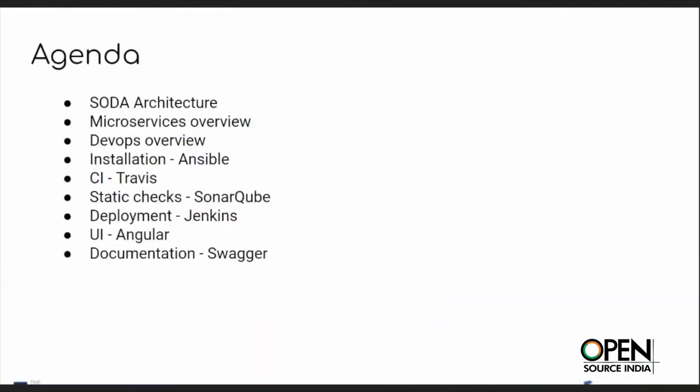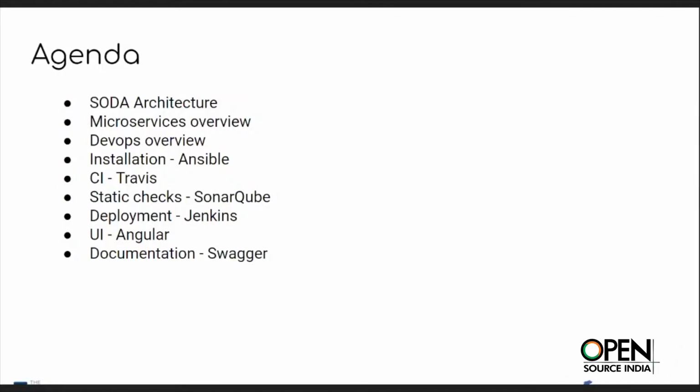I'll be talking about the Soda architecture just to give a perspective of what challenges we face and how we solve them using DevOps. Since Soda is built of various microservices, we'll see what microservices are and how they can help us solve issues faced by monolithic architecture.